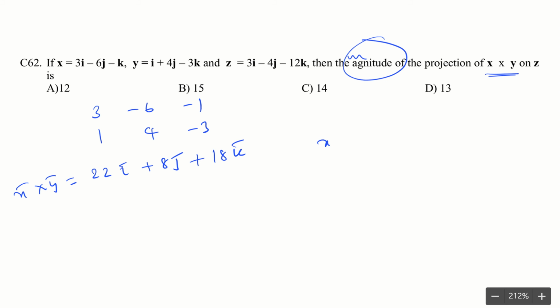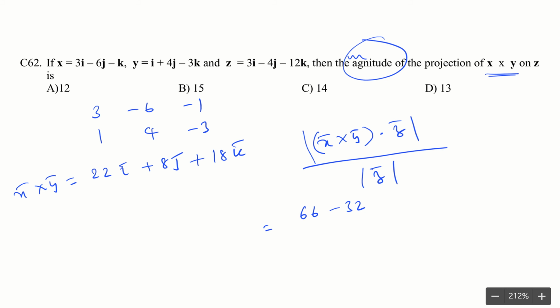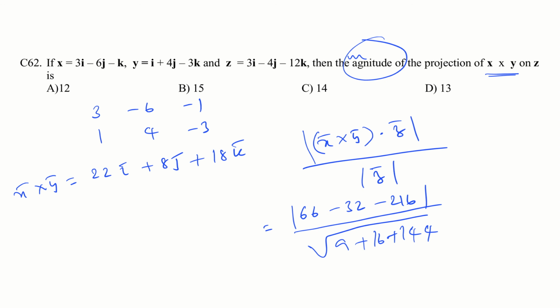So simply apply the formula (x bar cross y bar) dot z bar by mod z bar. If I take the dot with z bar, I am getting (66 minus 32 minus 216) by mod z bar. It will be root of (9 plus 16 plus 144). Rest is obvious. You simplify, you'll have the answer.